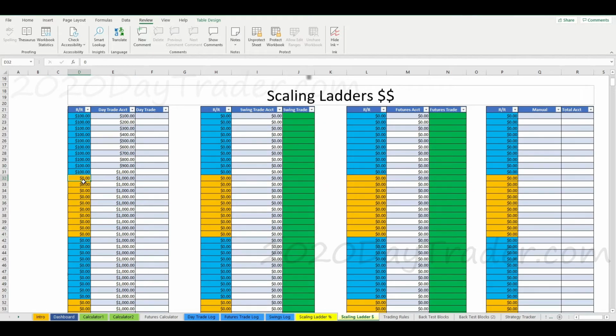And then what am I going to scale up to? If I scale up to $200 risk reward, I could have a bad couple days, which means I would be losing $4,000. And if I lost $4,000 with those bad days, I'd only have $1,000 more in my account right now, so I could be in trouble.